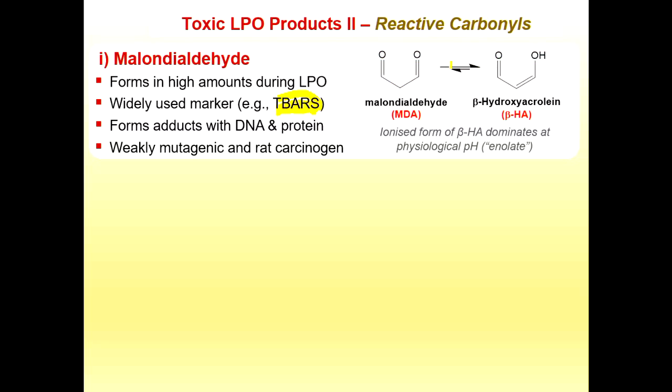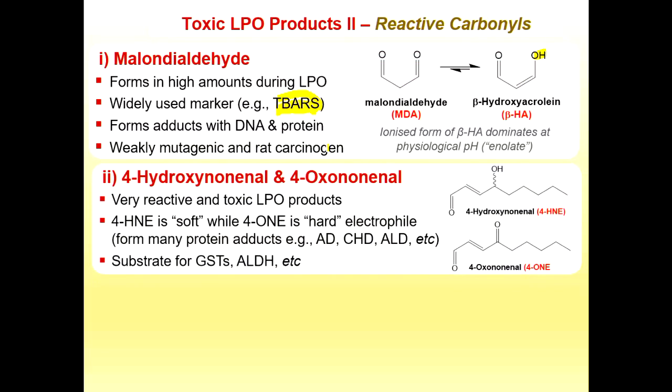In solution, it equilibrates with an analogue called beta-hydroxyacrolein, and this is also deprotonated, so it exists as what we call an enolate at physiological pH. These molecules can react with DNA and protein. They've also been shown to have weak mutagenic activity, and activity even in rats in terms of cancer development.